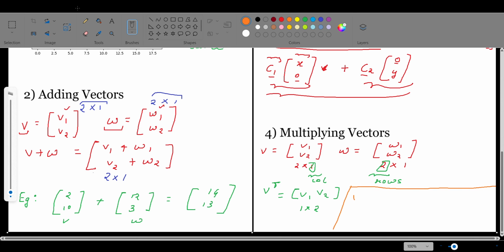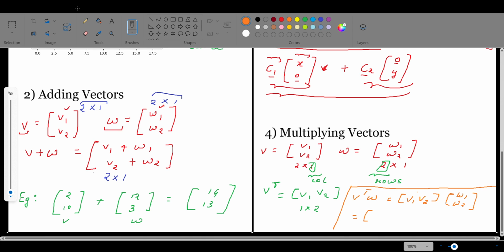V transpose W is equal to (V1, V2) times (W1, W2). Now, how do you multiply these? The method is this.